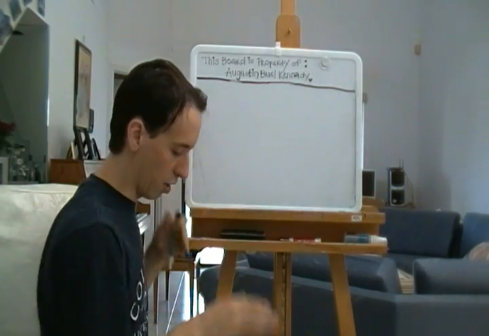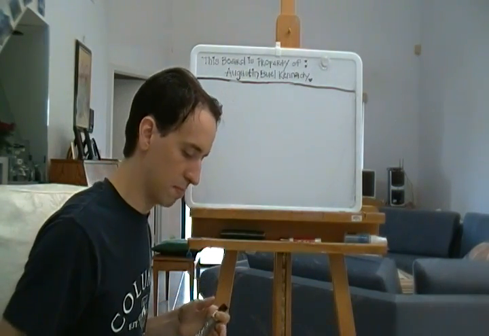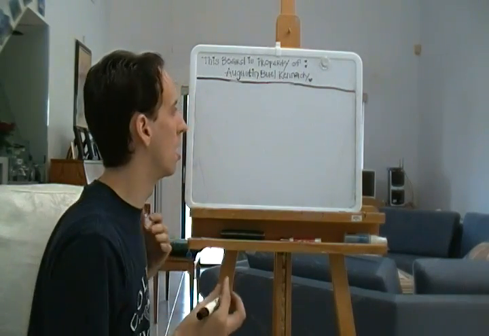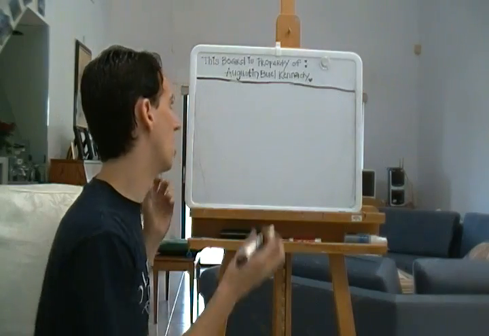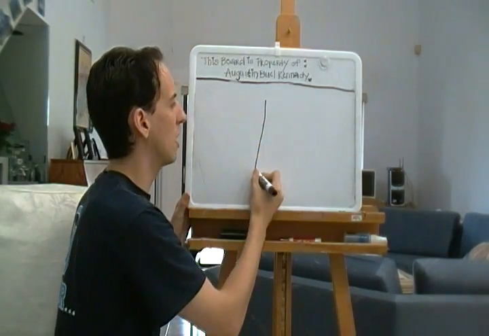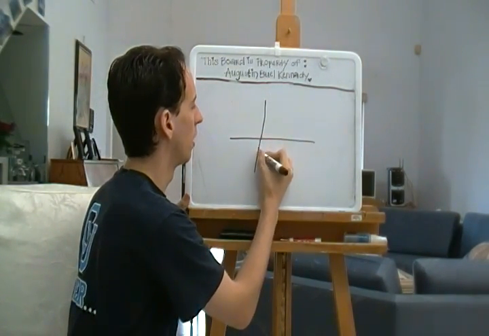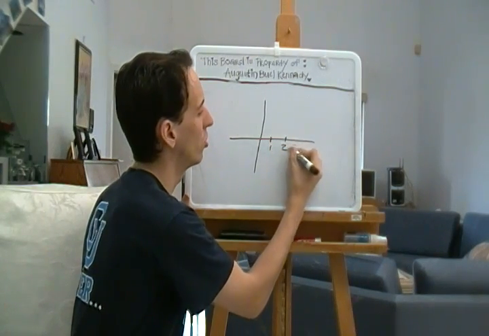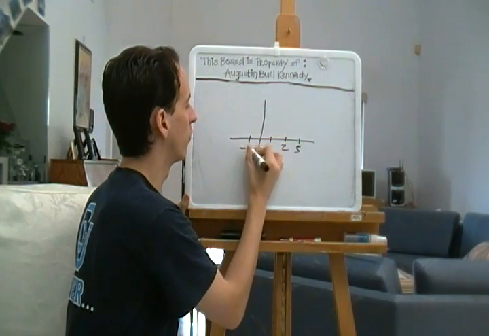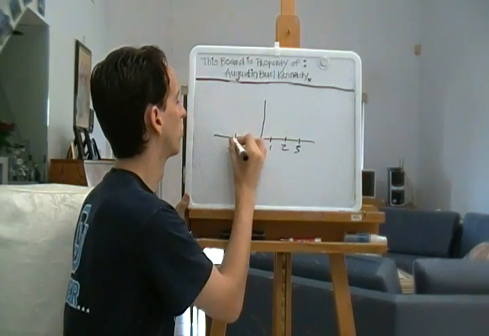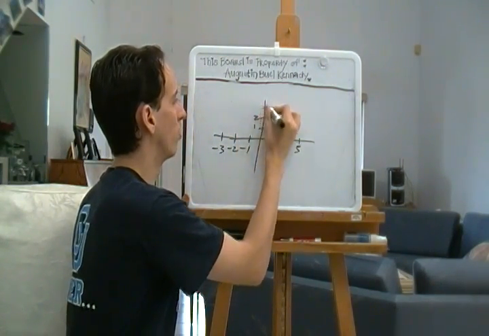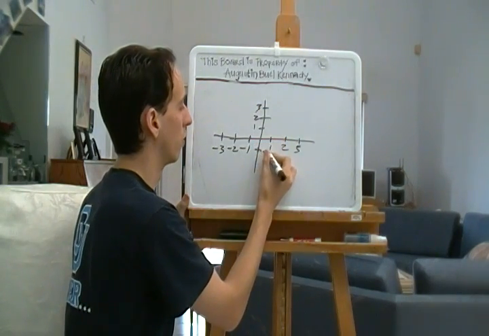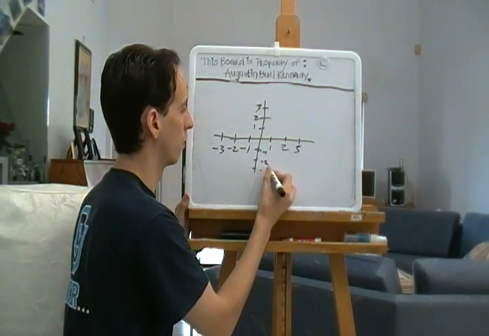Now back to this idea of one-sided limits. Sometimes a limit will approach from one direction but not from the other. So let's look at a function. I'm going to make one up right here. Here's a graph, with axes marked 1, 2, 3, -1, -2, -3.